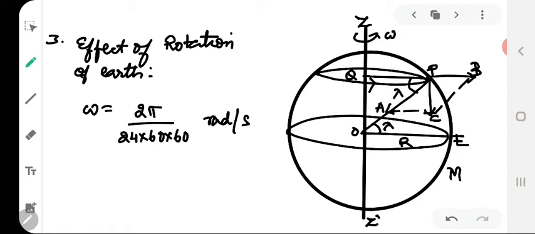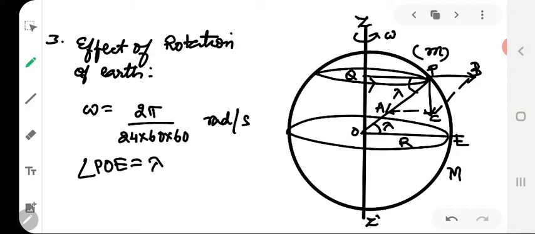lying at a point P whose latitude is lambda. If we join the point P with a line to the center of the earth and E is the point on the equatorial plane, as you can see in the picture, then angle POE is equal to lambda.